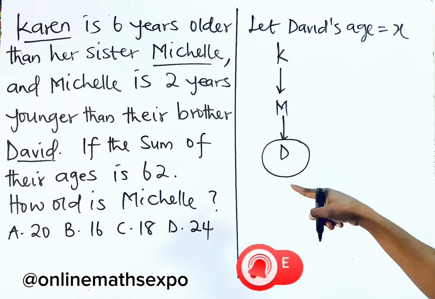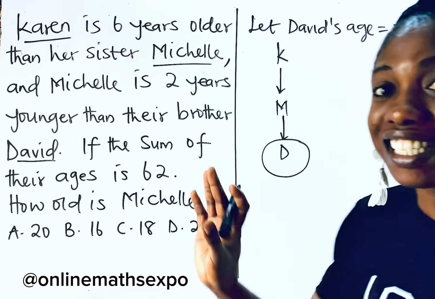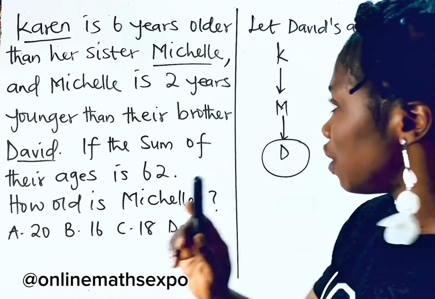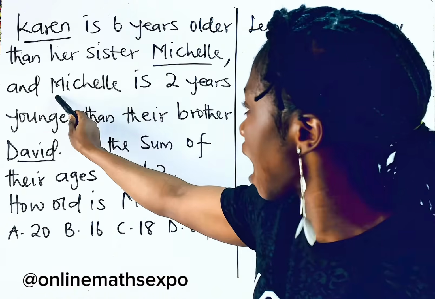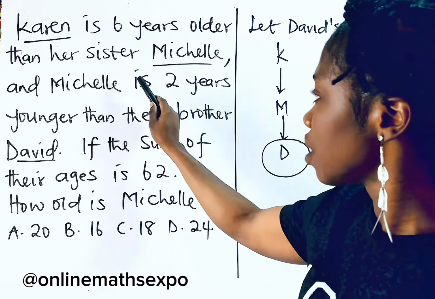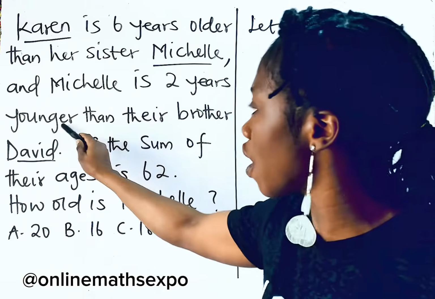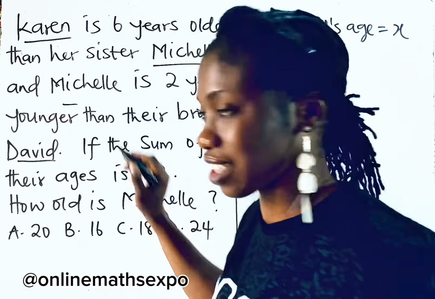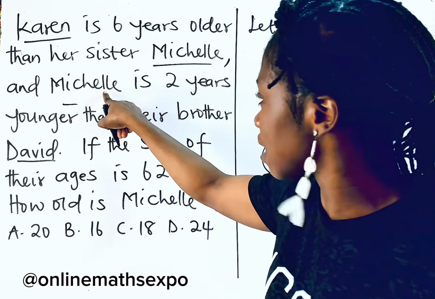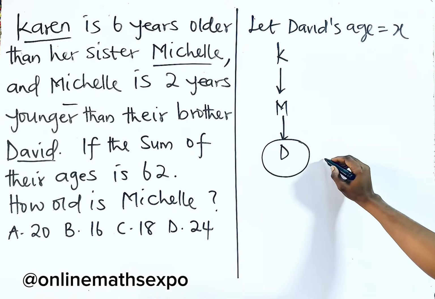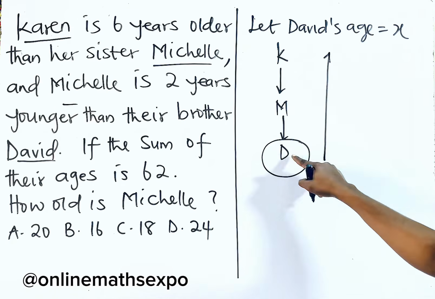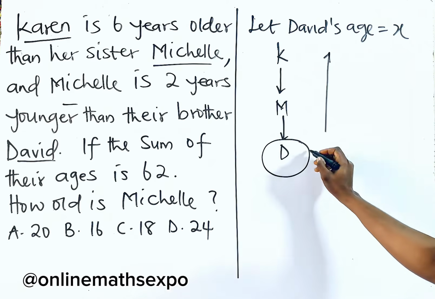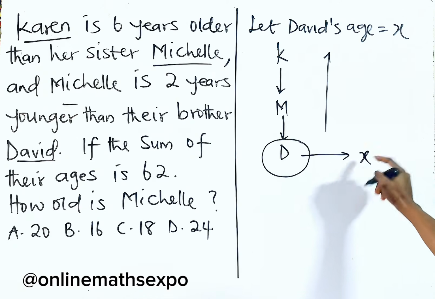Now, because we want to go in a reversal form so that we get it easily, what do we do? Let's go back to the question. It says Mitchell is 2 years younger. I told you when you hear younger, it means subtract. So we're going in a reversal form. We have identified that David's age is x.